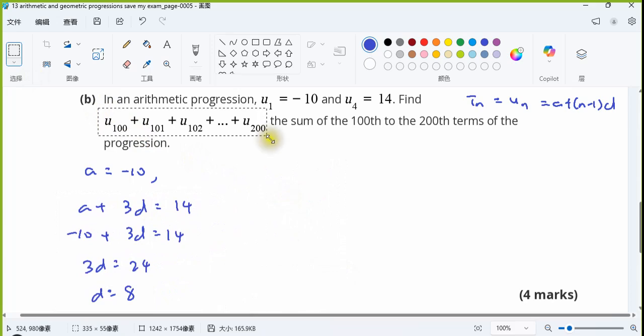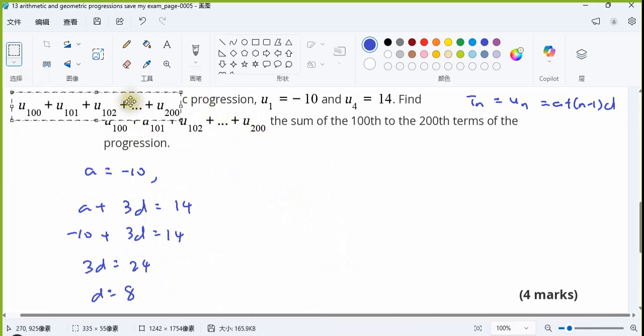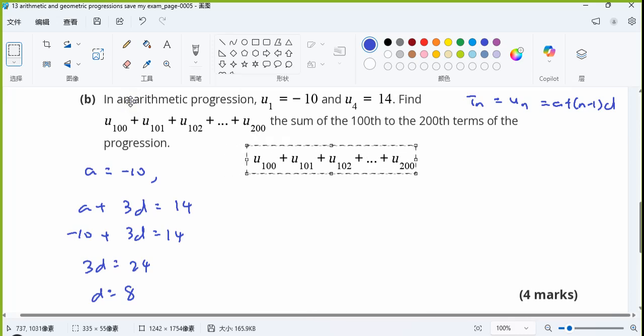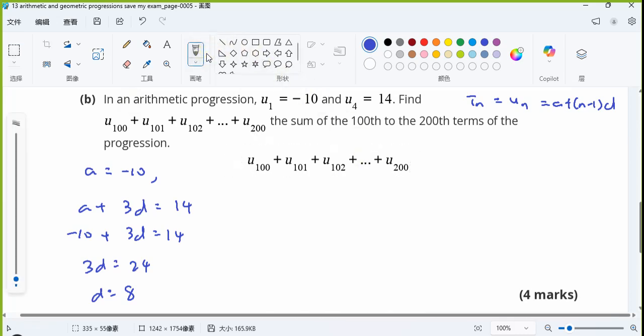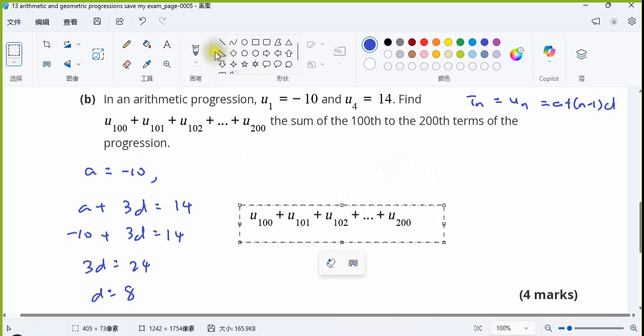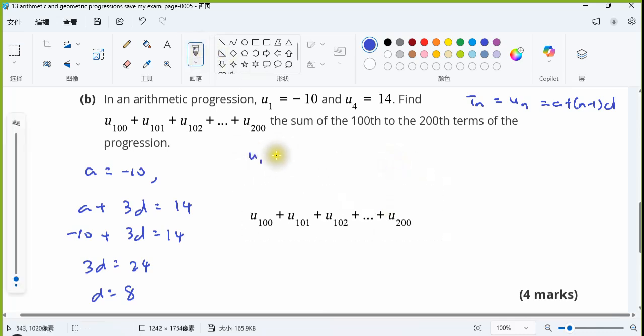So we need to find the sum of the 100th term to the 200th term of the progression. For this one, we imagine that we have the first term until the 100 terms, and then plus the 100. No, this is 99.